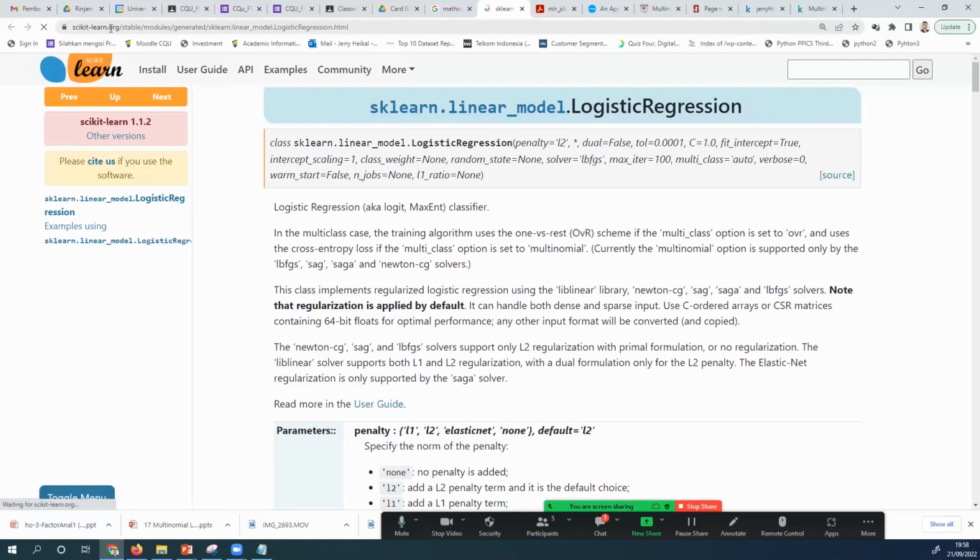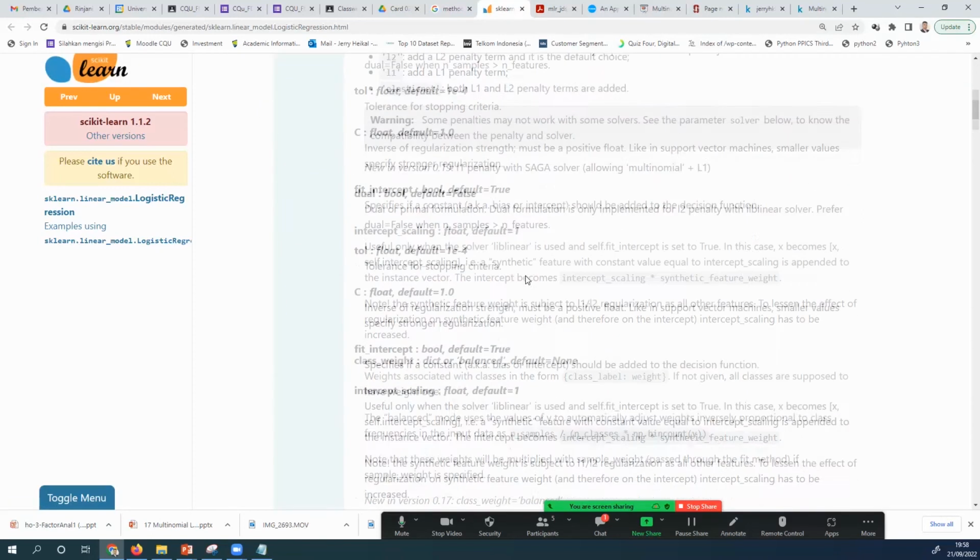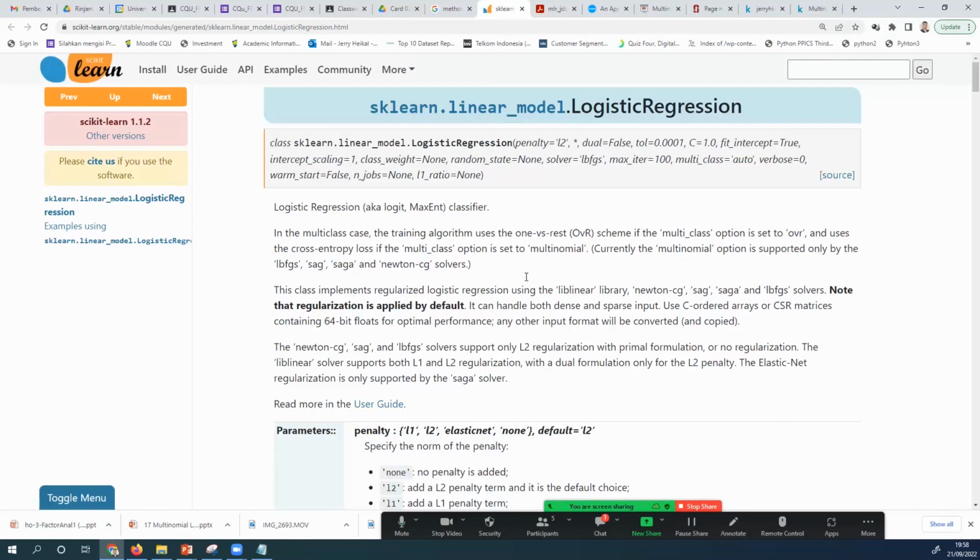This is the scikit-learn website on multinomial logistic regression. BFGS, this one. It is already stated in their standard model. The solver is using BFGS. So let's see what the BFGS abbreviation is.